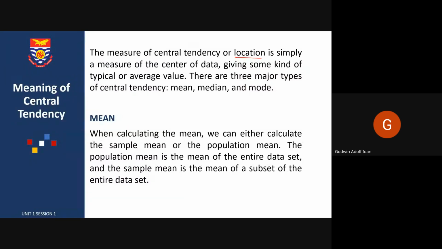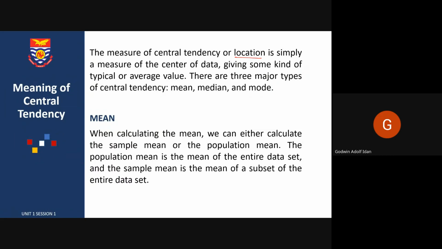We use the central tendency to arrive at the average of that data set. So it has so many names: the measure of central tendency, the measure of location, the average of the data. All these are still representing how we can locate the center of data.